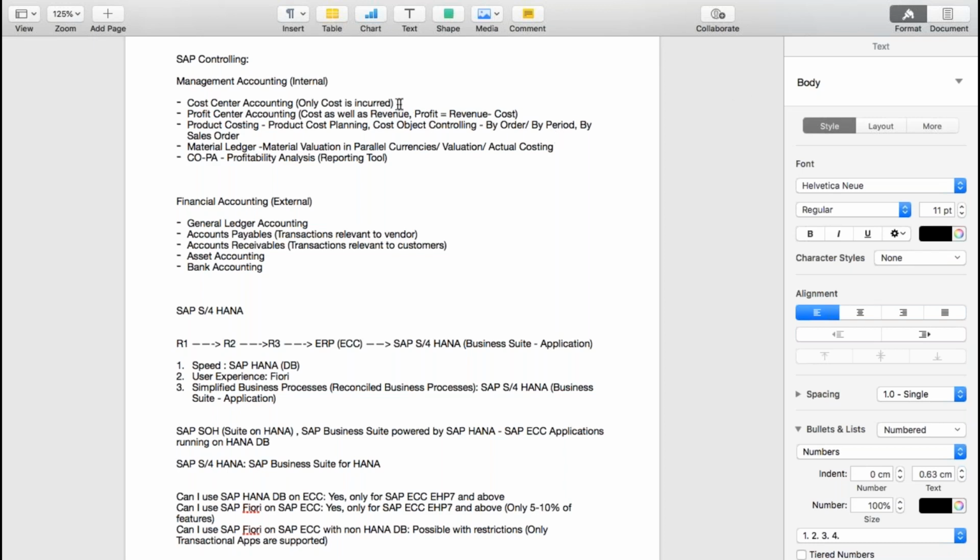It is part of the course. I just provided the overview of the different components available within management accounting. When we talk about cost center accounting, it will consist of the actual as well as planned and the variance. So whatever reports we generate, we will be able to see the planning figures that we entered, actuals as well as the variance.